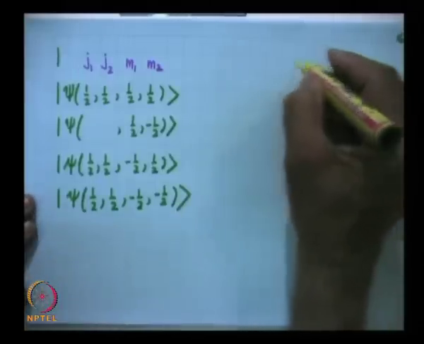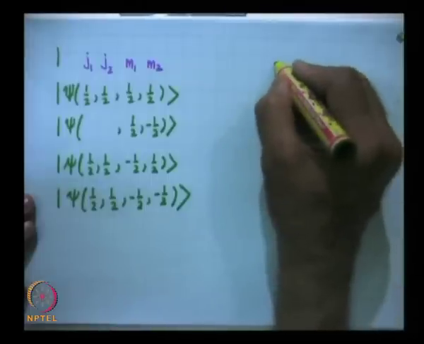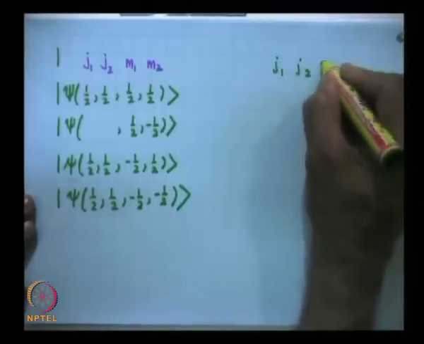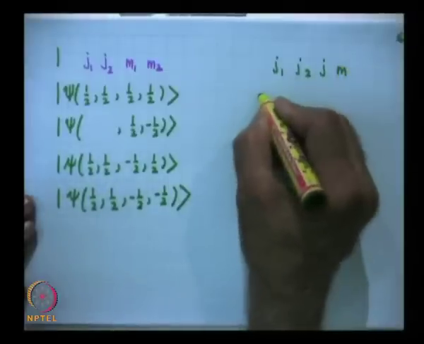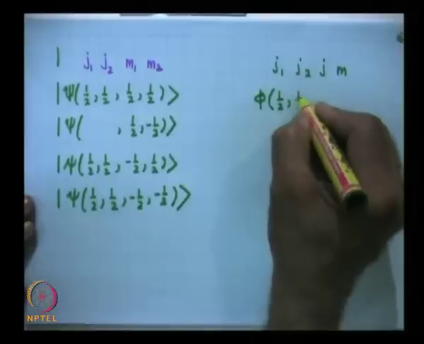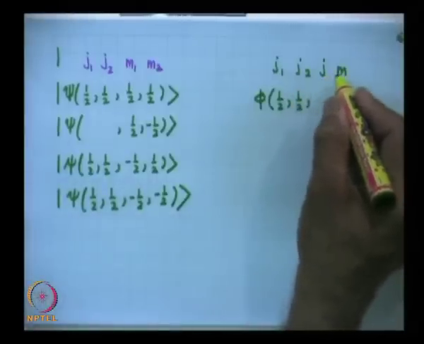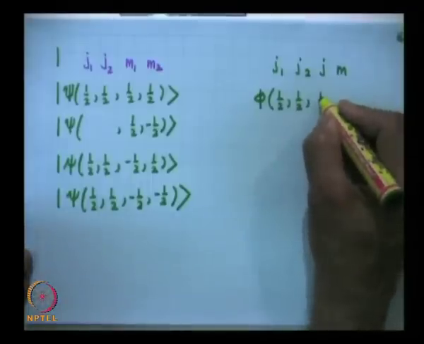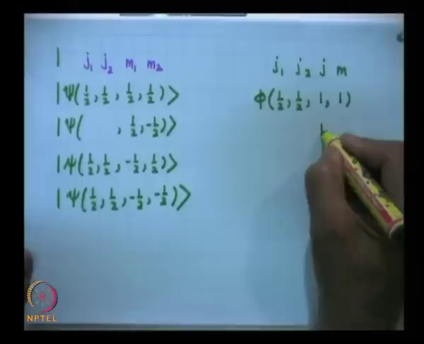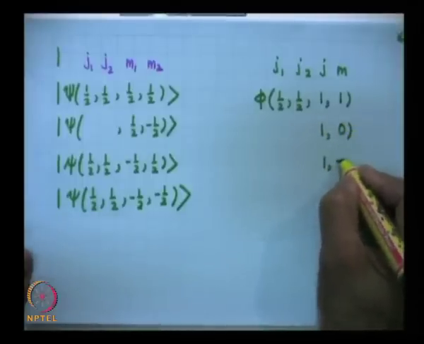Now, for the 5 functions, these are 4. So, 5 functions, there are also J 1, J 2, J, m. So, these are phi, half, half, j I said that can take values 1 and 0. So, when j is 1, m can be 1, m can be 0 and m can be minus 1.